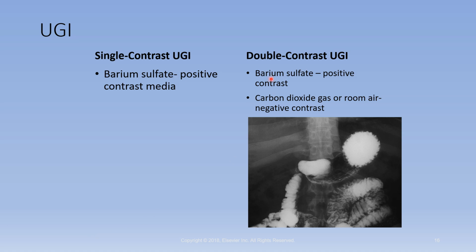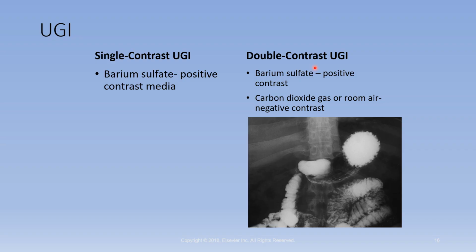If they order a double contrast study, you can have a double contrast upper GI, a double contrast BE, single contrast upper GI, a single contrast BE. Anytime it's single, it means one contrast. Double implies two.